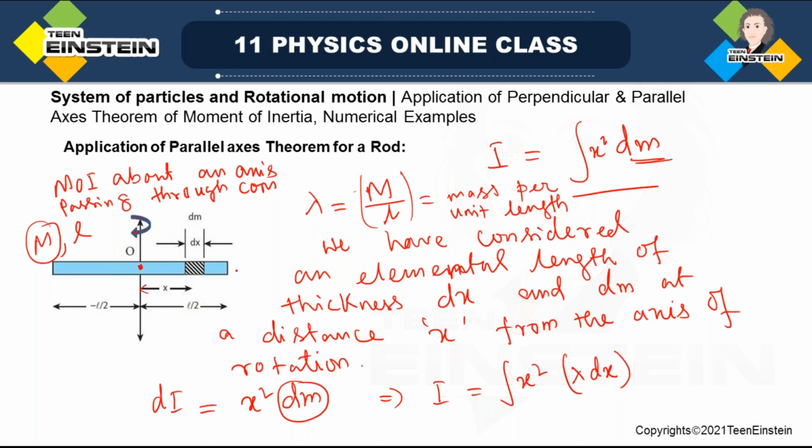You can take the limit 0 to L by 2, or if you want to calculate for the whole length, then you have to take the limit minus L by 2 to L by 2.